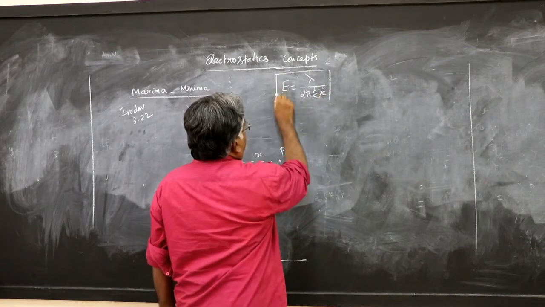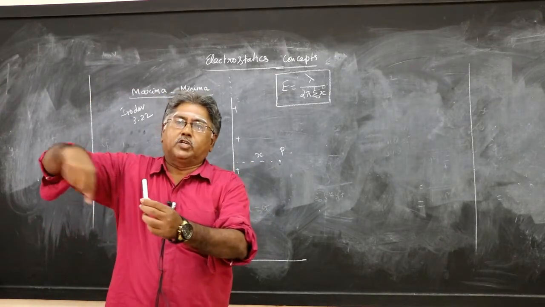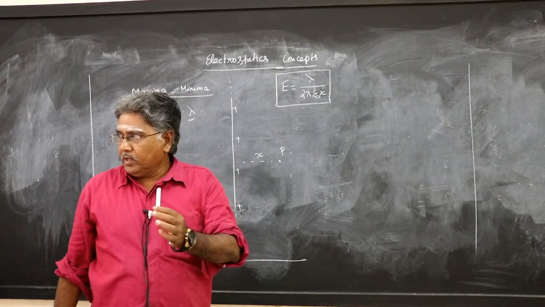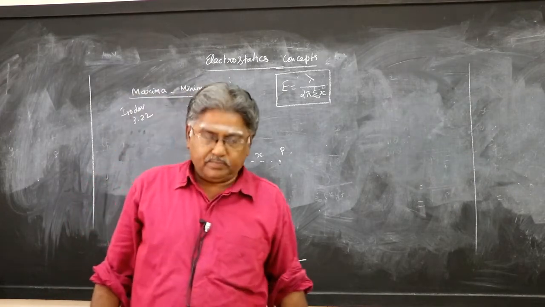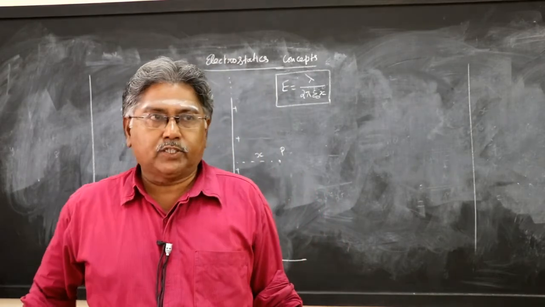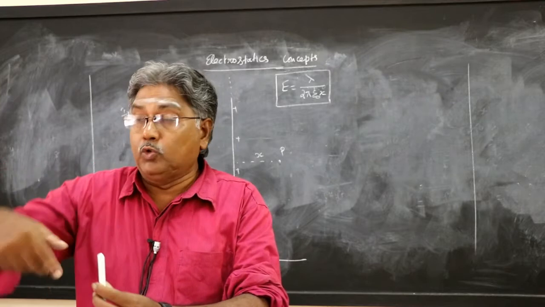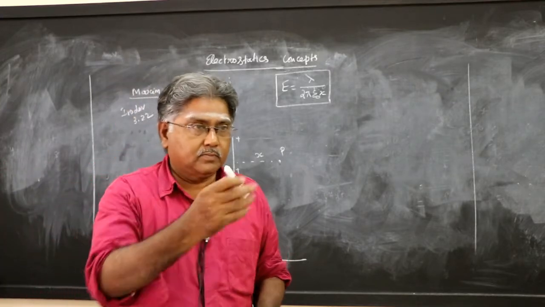This you should remember. Imagine this infinitely long line, then at all points surrounding it at a distance x, the magnitude of the electric field will be lambda by 2 pi epsilon naught x. If the distances of the points are the same, then the electric field magnitude would be the same. Understand that?